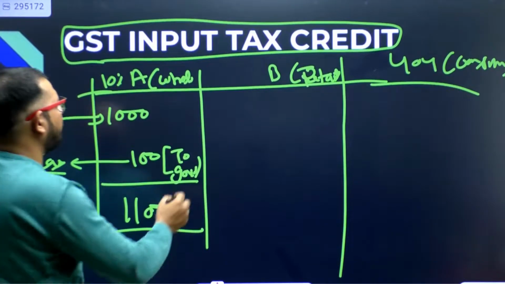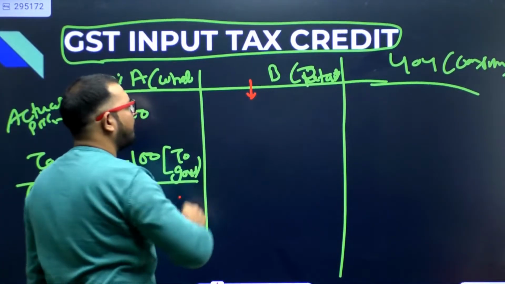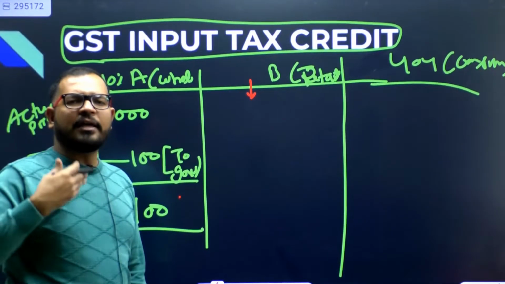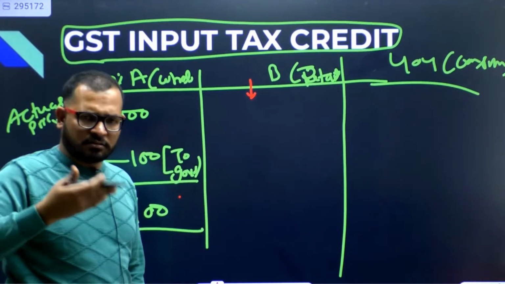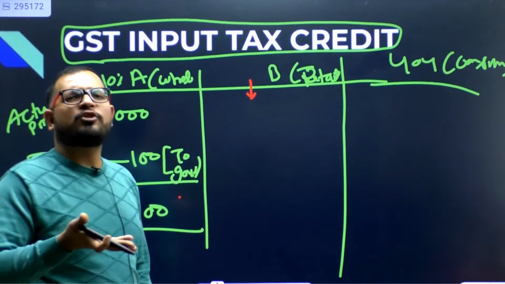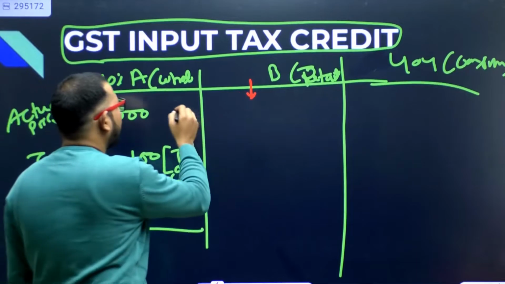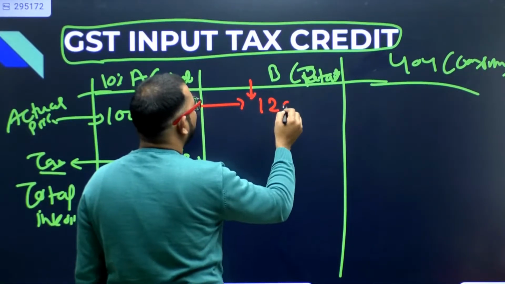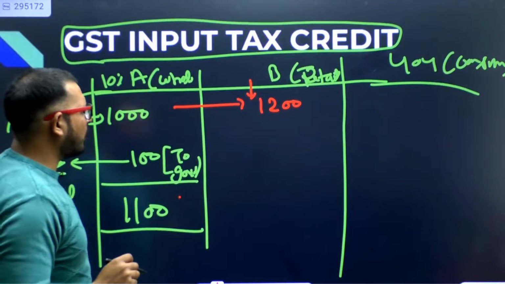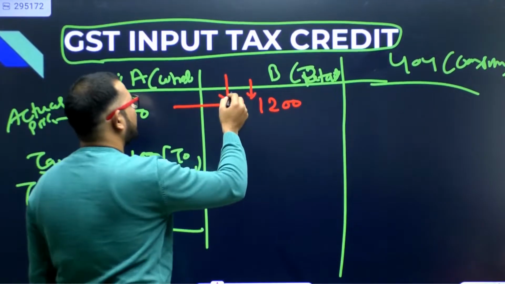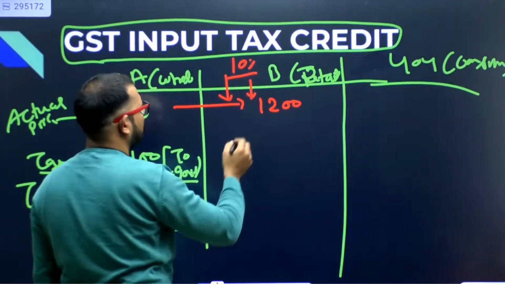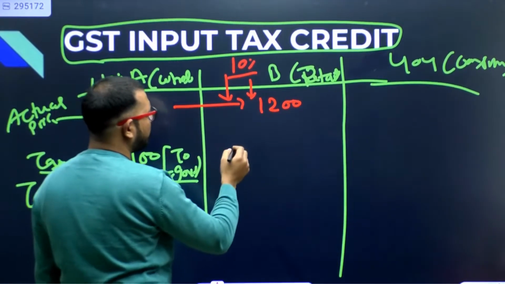Now let's talk about B. Let's say B has done some kind of value addition of rupees 200. So the actual cost of the product will become 1200. Let's say again the GST is 10% on this product.